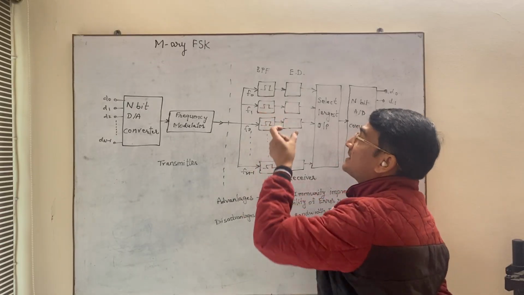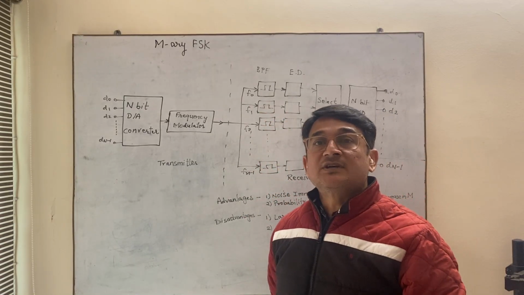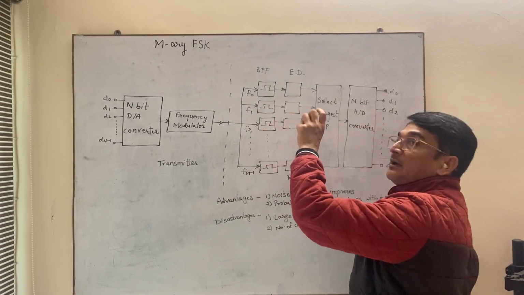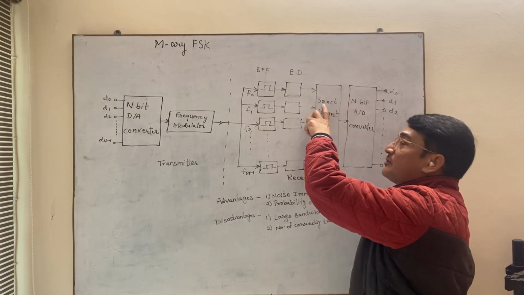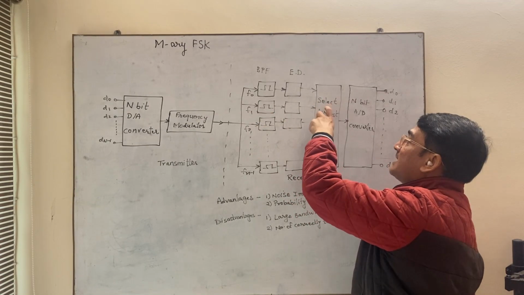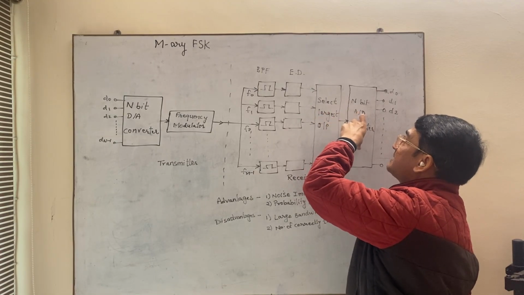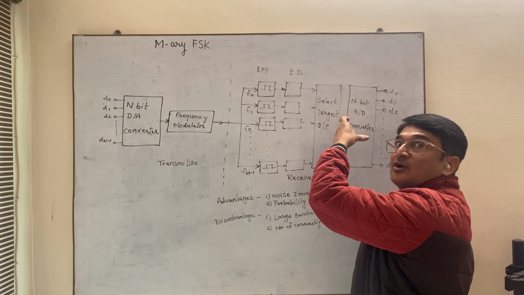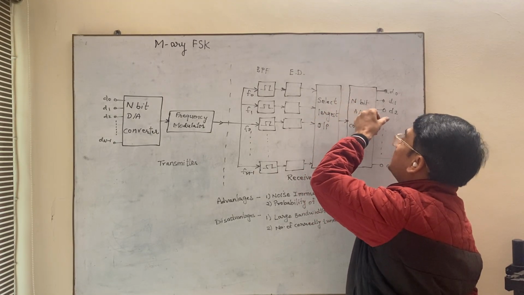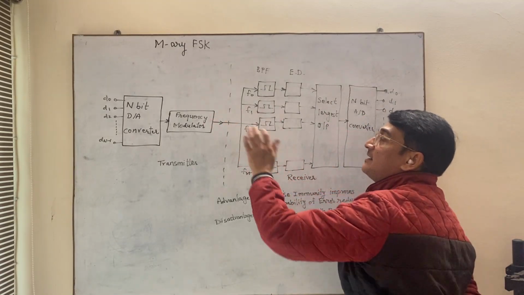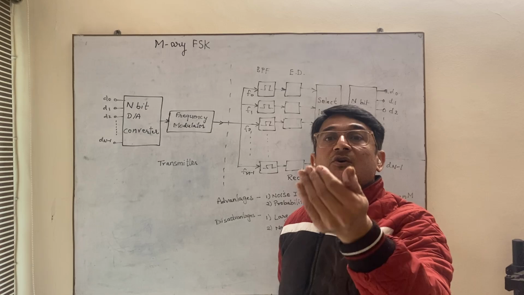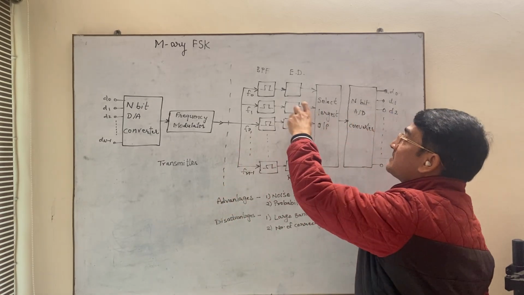Suppose at a particular instant the signal is 010, so the analog signal corresponding to 010 will be given to the select largest output block. It passes this on, the analog signal is converted to digital, and 010 will be received here. Similarly, at another instant, suppose 110 is the highest output.